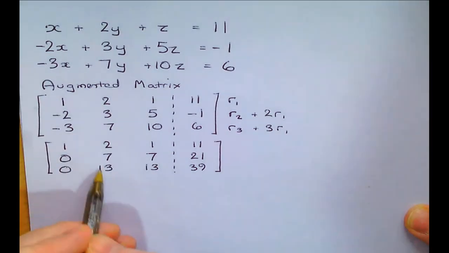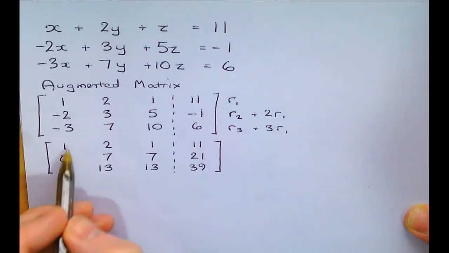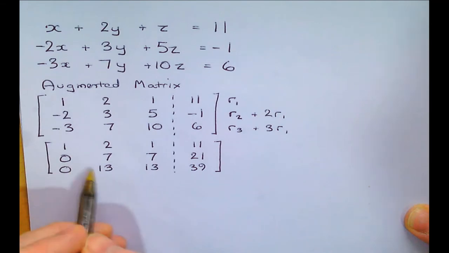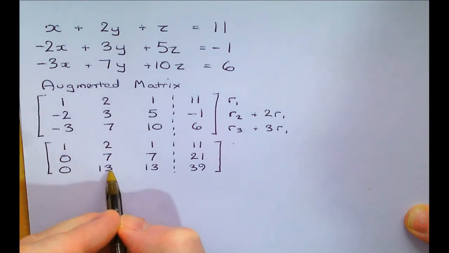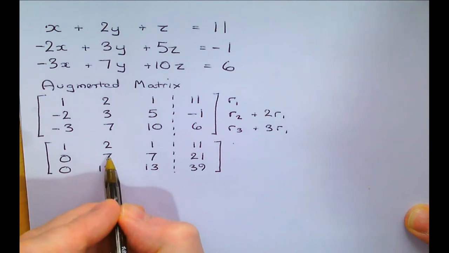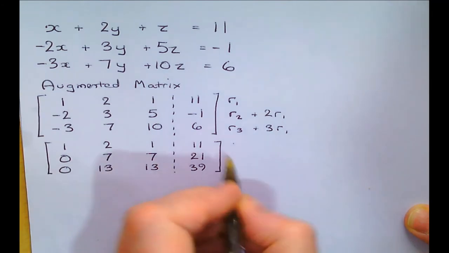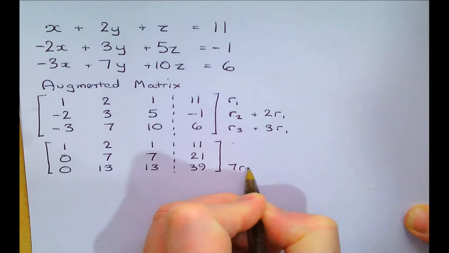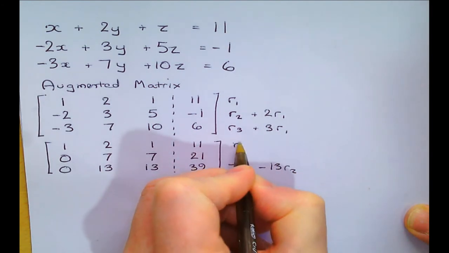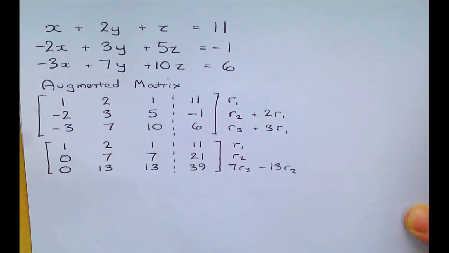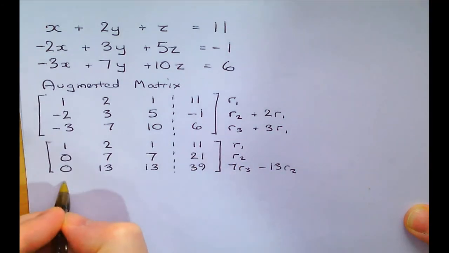We'd also like a 0 here to make the system upper triangular. So what we'll do, we'll take 7 of row 3 minus 13 of row 2, and we'll keep the first 2 rows as they are.